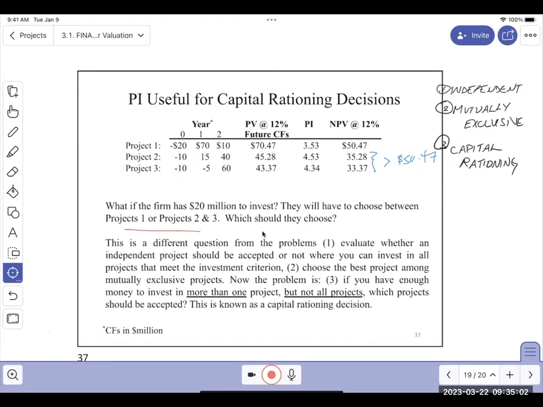So the question is, should I pursue project 1 or projects 2 and 3? And what's the answer? I feel like we discussed this already. But anyway, for the people who weren't here, this is how you wrap this up. So which one should you pursue? How do you conclude with the information you've been given?